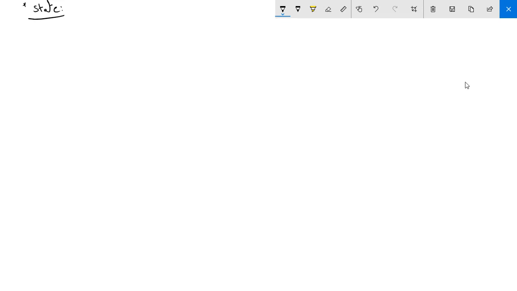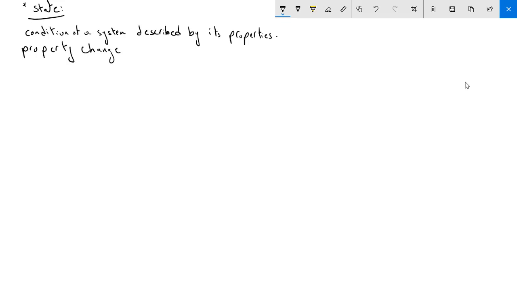So whenever a property of the system changes, we can say that its state also changes. If any property changes, you can say that the state also changes.